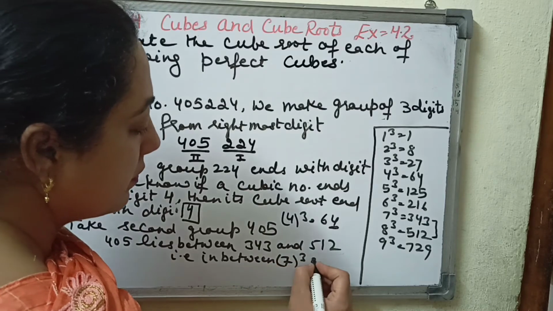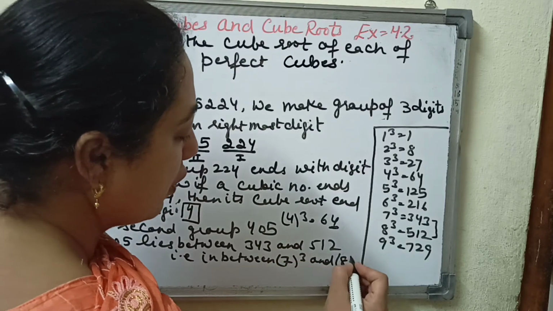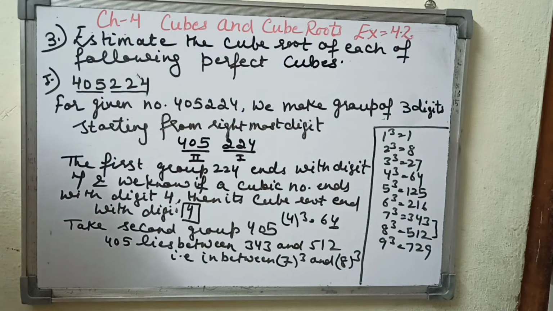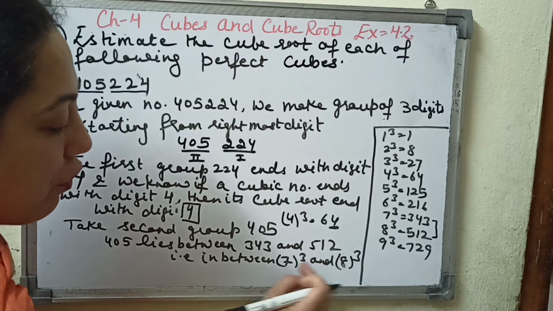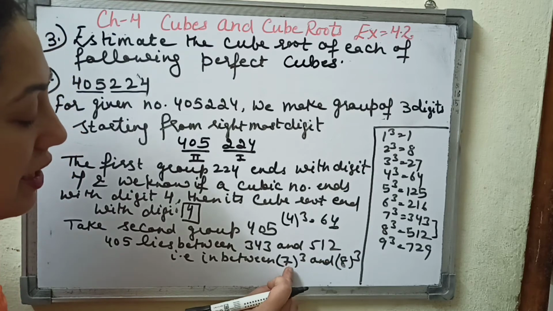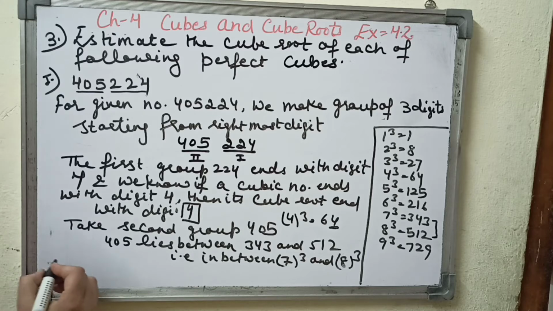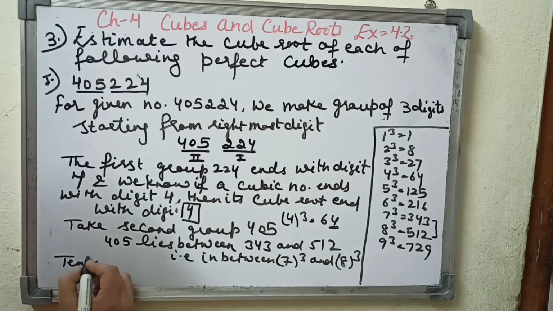Now the tens digit of the required cube root is the smaller number from these two numbers. And the smaller number is 7. So the tens digit of the required cube root is 7.